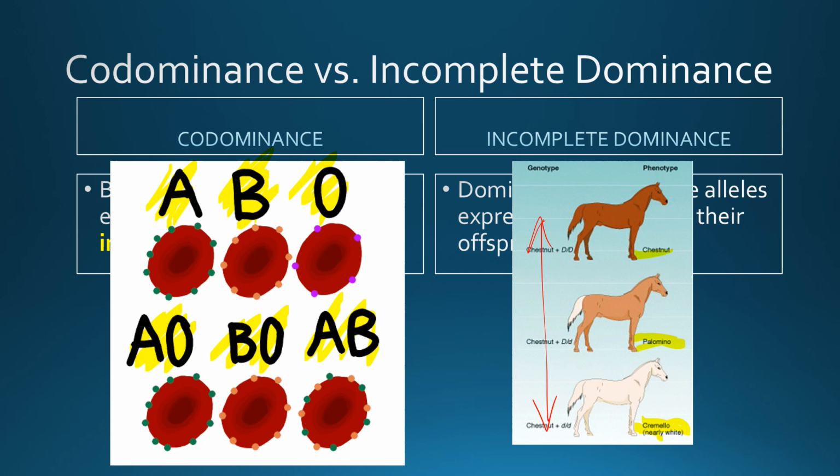So codominance is independent of each other. Incomplete dominance is a blend. Think of codominance as your coworker, someone who does the same thing as you at the same time, they just aren't a part of you. You are separate of each other, but you are both working to get that done.